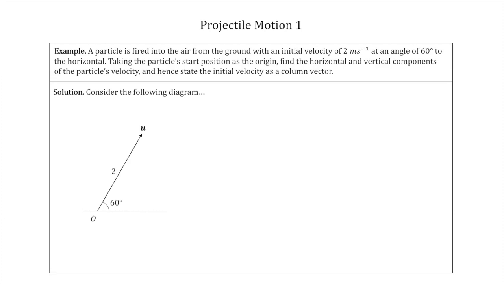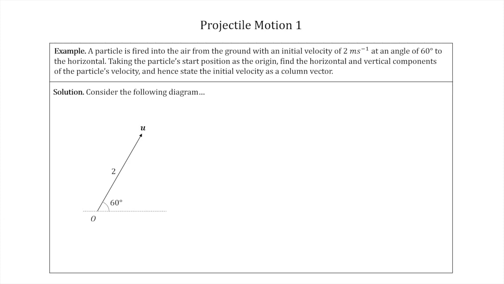So whenever you get a problem like this, this is what it's telling you. When it says the velocity is 2 meters per second but in a specific direction defined as an angle to the horizontal, it means that the velocity is a vector with length 2 in this case, and then the angle you can use to show how the vector fits into your coordinate system.